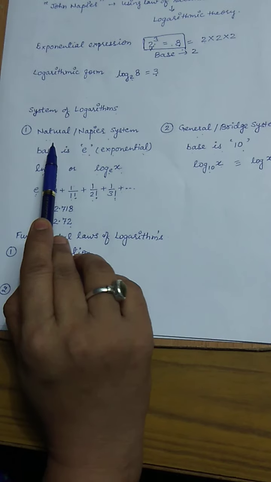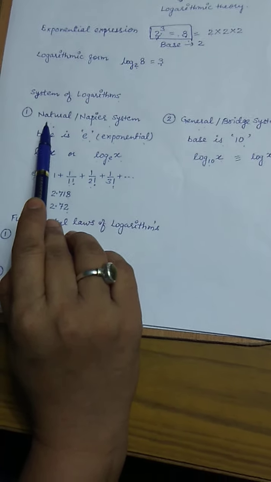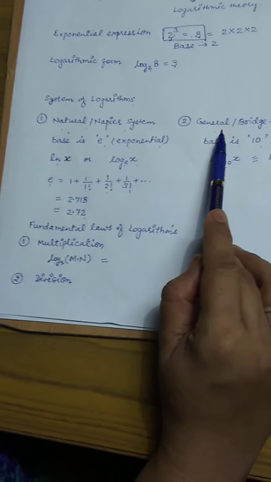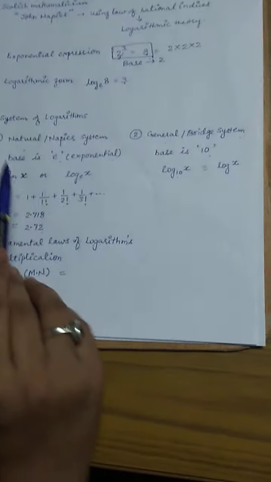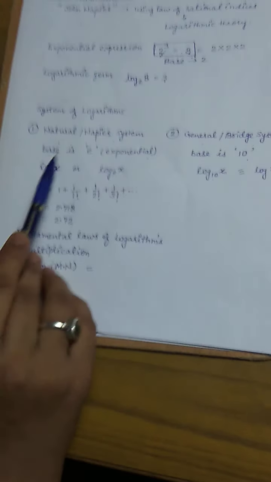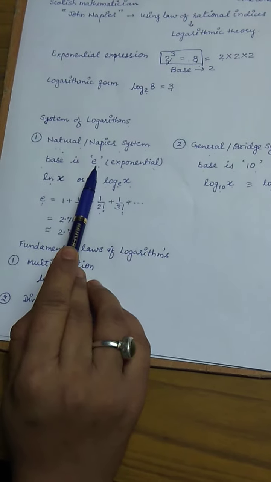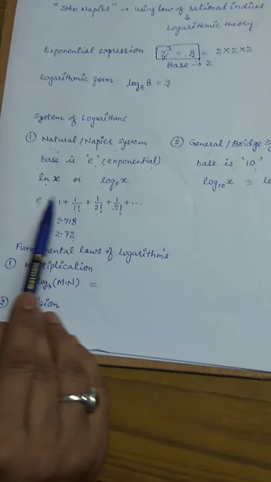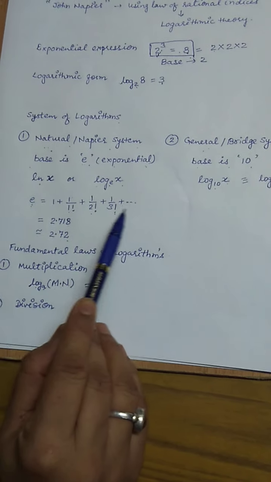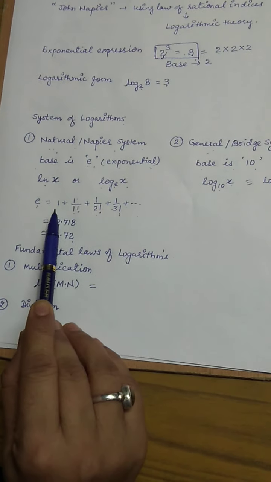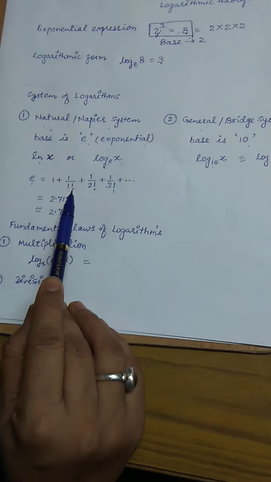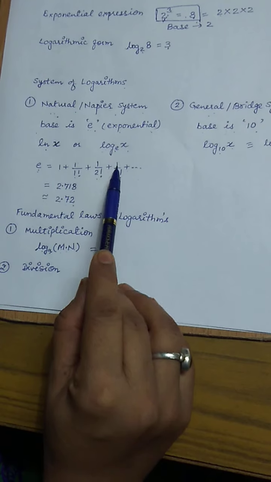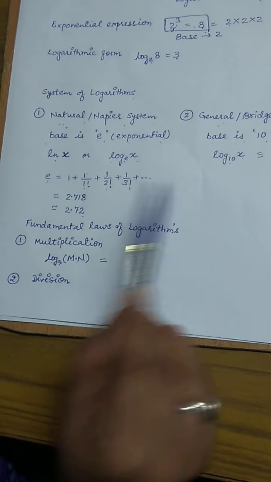There are two systems of logarithm. First is natural, also called the Napier system. Second is general, also called the Briggs or bridge system. In the natural system, we take the base as e. e is the exponential, and it is the sum of this series: 1 plus 1 upon factorial 1 plus 1 upon factorial 2 plus 1 upon factorial 3 and so on.